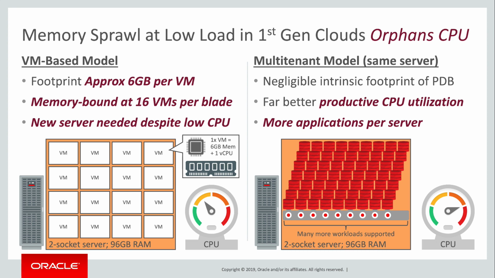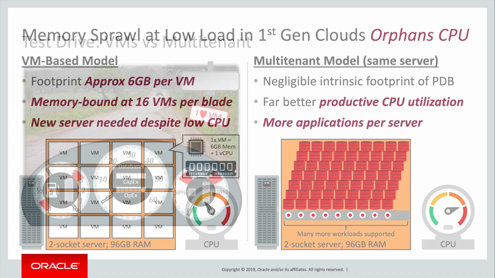The intrinsic memory and CPU footprint of a PDB is negligible. You only require resources for the productive workload of each PDB. Therefore, at these low loads, it would be easy to support many times more developers in the same server. This is a great example of the memory efficiencies of a cloud model powered by multi-tenant.